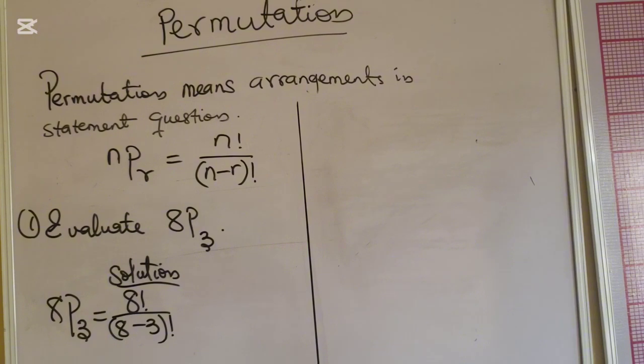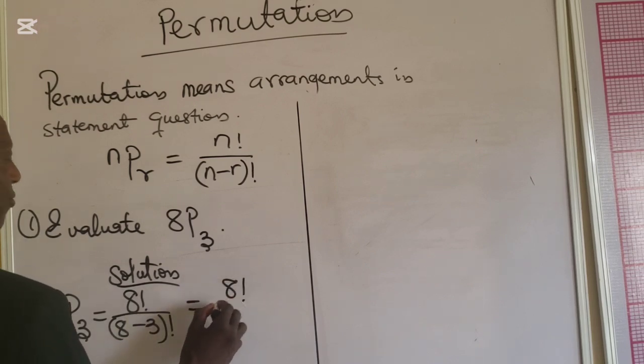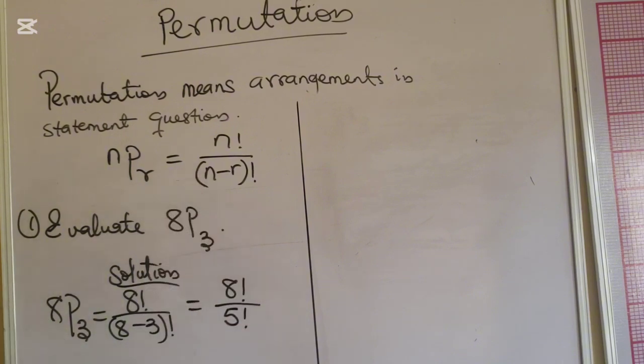So here is 8 factorial, and 8 minus 3 is now 5 factorial.